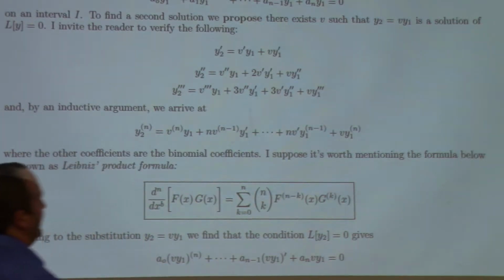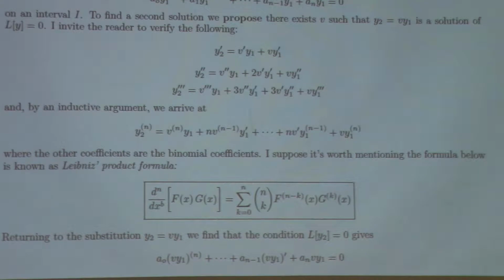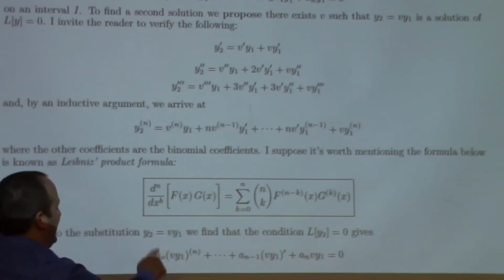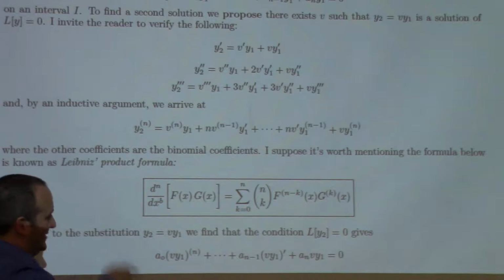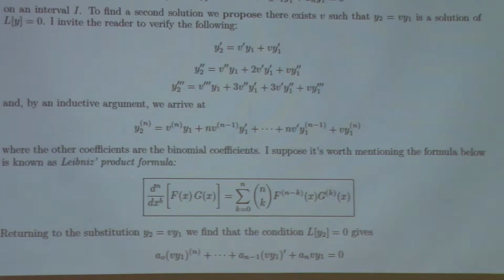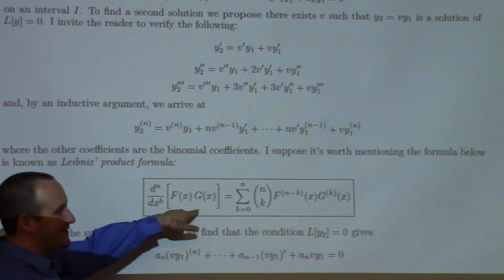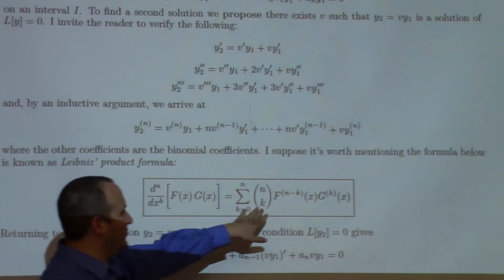These identities don't get enough airtime in Calc 1. They ought to get more. There is a kind of kth product rule. Here it is. Oh, that's supposed to be an n. So the nth derivative of a product, you take binomial coefficients.